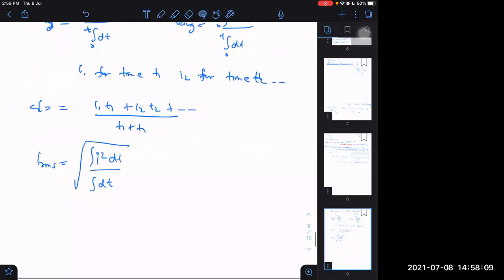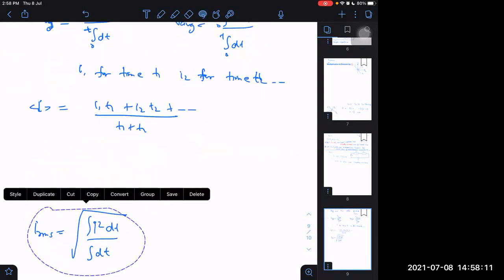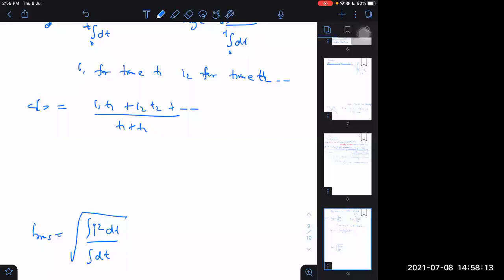It is like average velocity, you remember: v1 t1 plus v2 t2 by t1 plus t2. So we can write it as sigma Ik tk divided by sigma tk, where k varies from 1 to n.